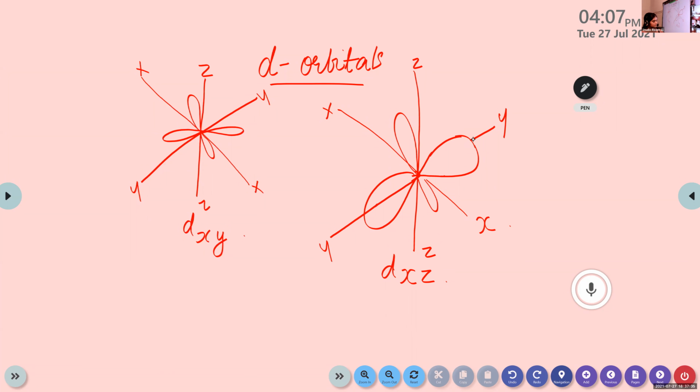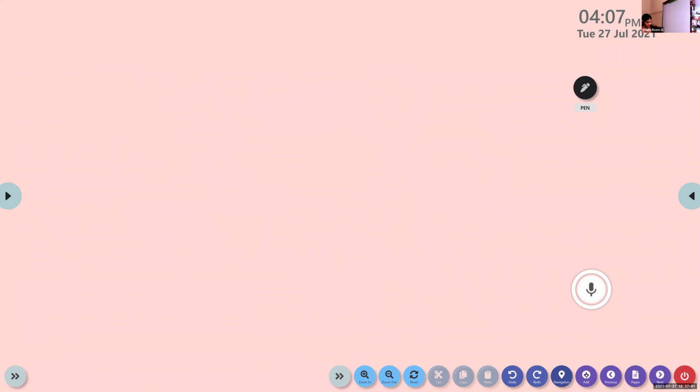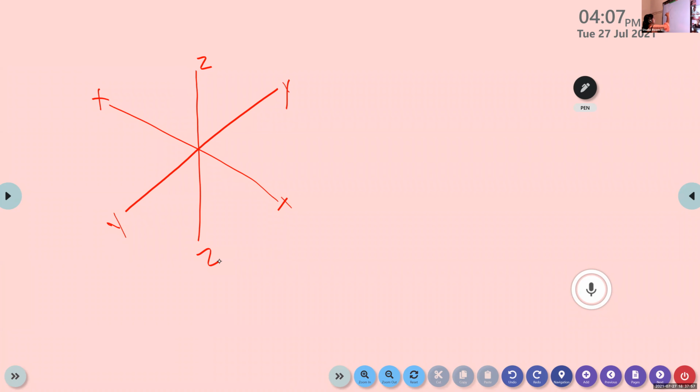Shall I move to next one? Okay, the next one, same here, Z axis. Then this one is X axis and one more, that is Y axis. Okay, this one is dyz.